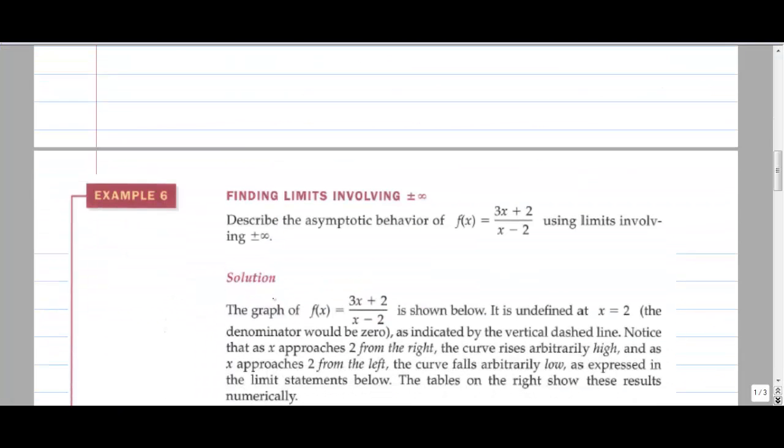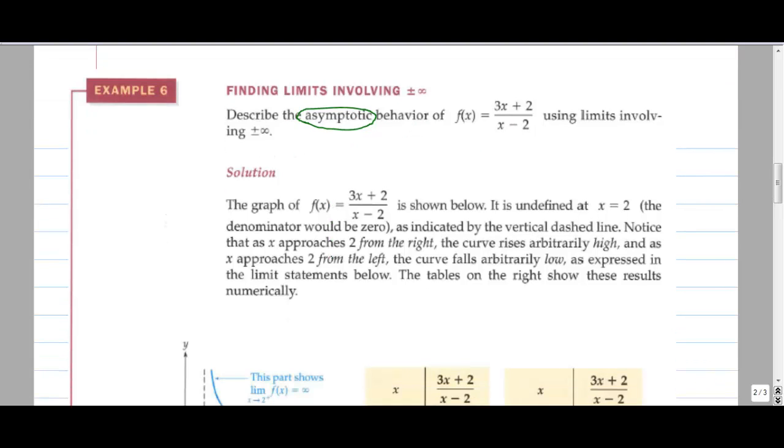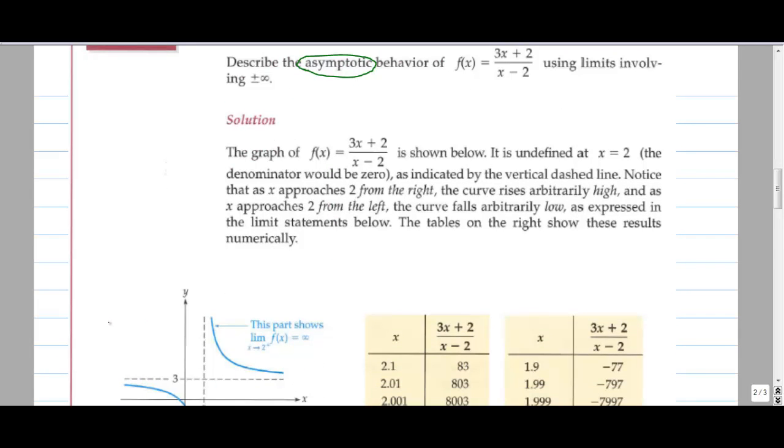Here is example 6 on page 84 in your book. It says, describe the asymptotic behavior. Where are the asymptotes of this function using limits involving plus or minus infinity? They've graphed the function below.